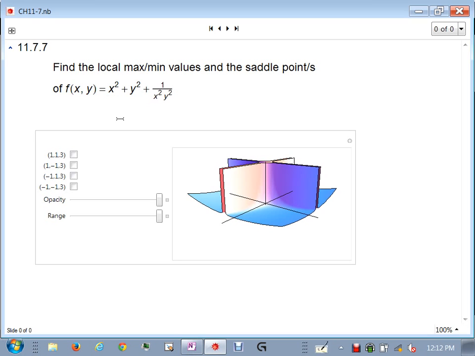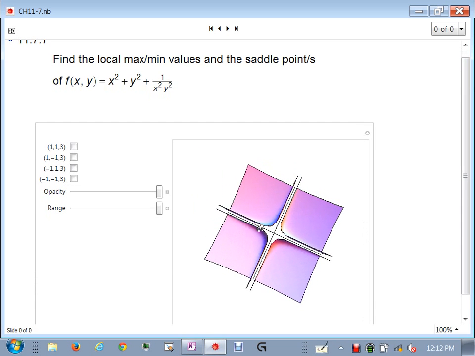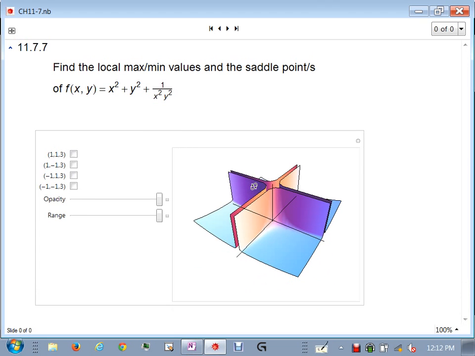X can't be 0, and Y can't be 0, right? So you can't plug anything on the x-axis in, can't plug in anything on the y-axis, which you can kind of see, right? But then what's happening as you get closer to the x and y-axis is that it's becoming asymptotic. And so you've got these asymptotes. So I think it's a cool picture.